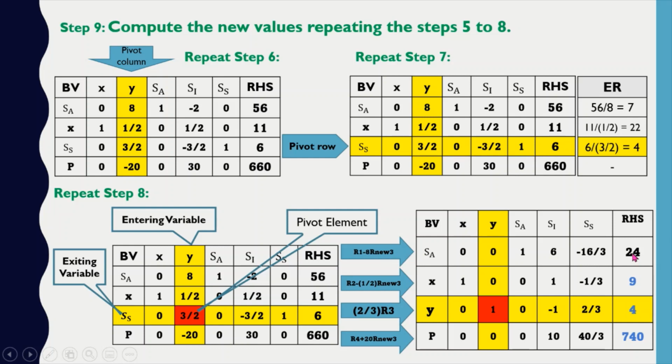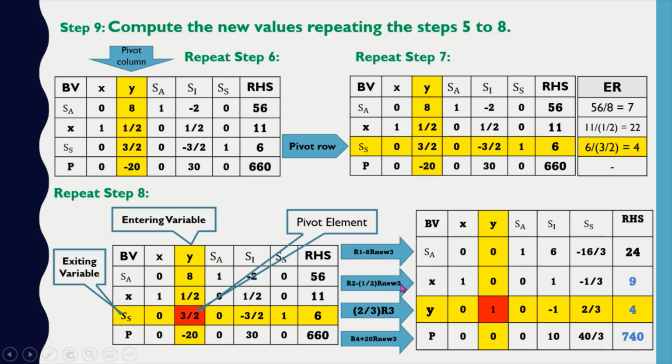Next, we have our new row 2. We subtract from it R3 multiplied by 1 half, in order to eliminate the 1 half right here, so that it will be equal to 0. So the formula is R2 minus 1 half times the value of our new row 3, which here is 0.